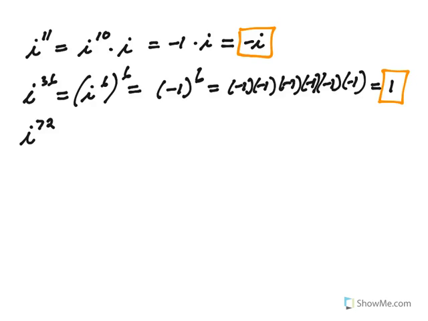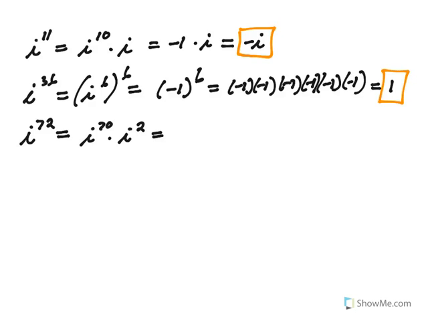So let's say you had i to the 72 power. Okay? You can do it like this. To make this a little easier, you can say i to the 70th times i to the 2nd power. Okay? And then you can break that down.